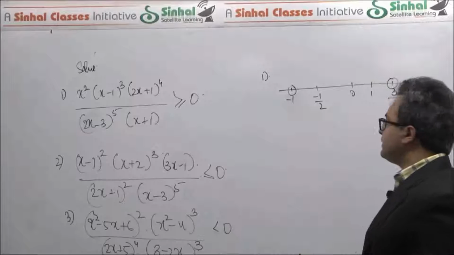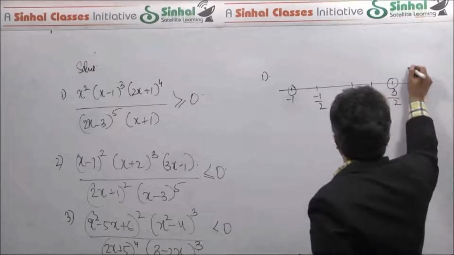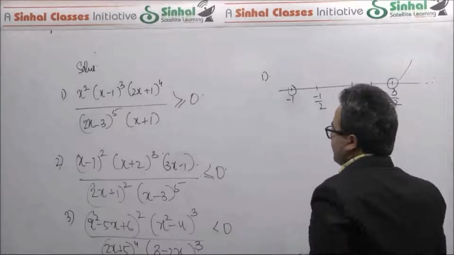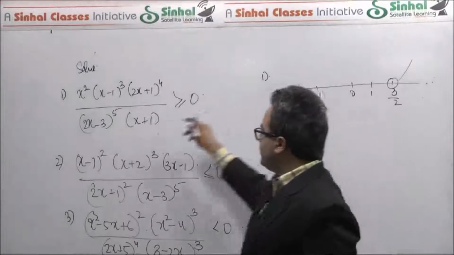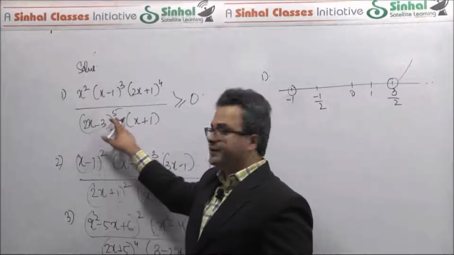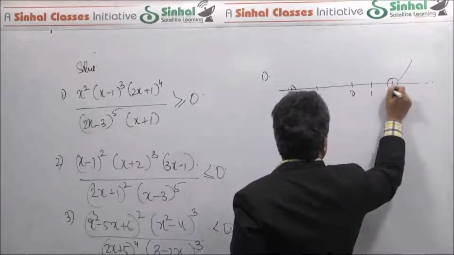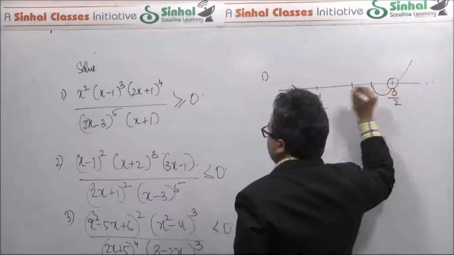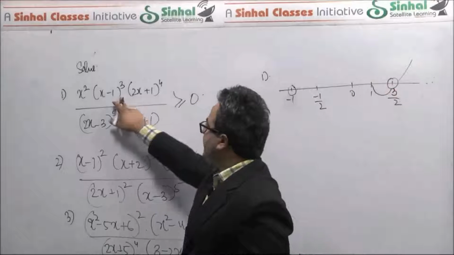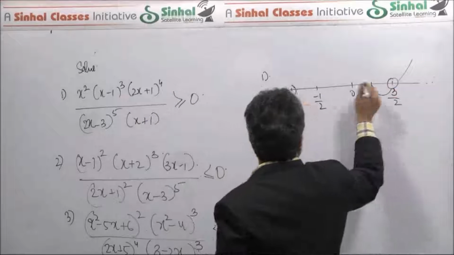So this is what we have done up till the second case. Now the third case. Again the wave will come from above. The factor corresponding to 3 by 2 is over here, and it has an odd power, so you make the wave cross over to the other side. At 1 again the power is odd, so it will cross over to the other side.